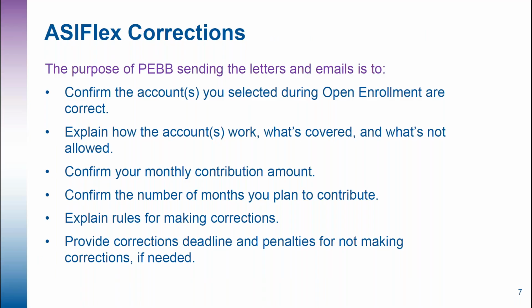This is what you can use the FSA for. This is what you probably can't use it for. And a lot of people get very confused with the dependent care FSA, and that's why we do this: this is what you can use it for, this is what you can't use it for.